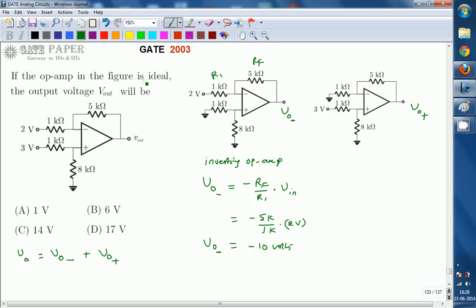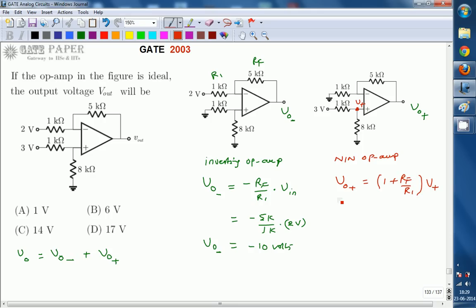Now we will calculate the output voltage due to the voltage at the non-inverting terminal. Here it acts as a non-inverting op amp, and the voltage at this point is V plus. The output voltage for a non-inverting op amp is V naught plus equal to 1 plus RF by R1 times V plus.